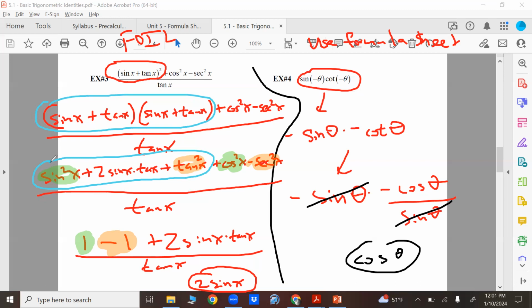If I move the secant squared x to the left side and the 1 to the right side, tan squared minus secant squared is -1. So what's happening in orange, tan squared x minus secant squared x, is actually -1. What's happening in green is +1. What's happening in orange is -1. Well, what's 1 minus 1? 0. After these go away, what are you stuck with? 2 sine x tan x. What happens to the tan x here?